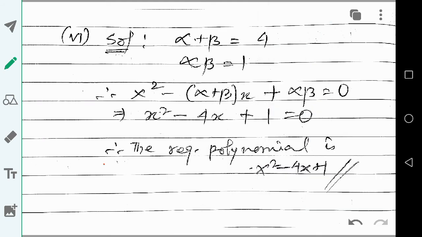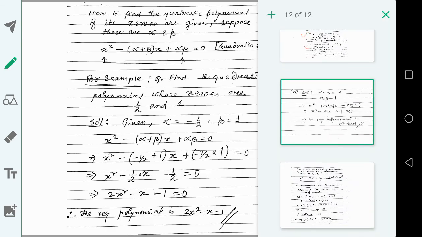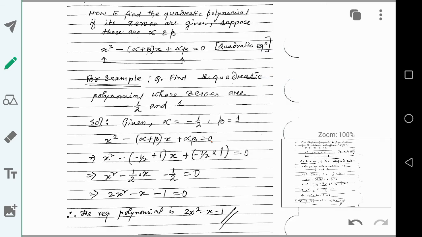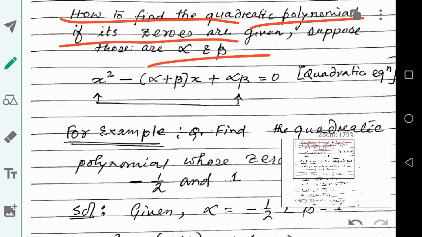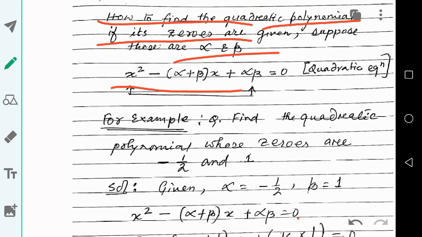Let me discuss one more thing, that is how to find a quadratic polynomial if its zeros are given, not the sum of the zeros and product of the zeros, but the zeros alpha and beta. Then again we will find the corresponding quadratic equation, that is x square minus (alpha plus beta) into x, plus alpha into beta.